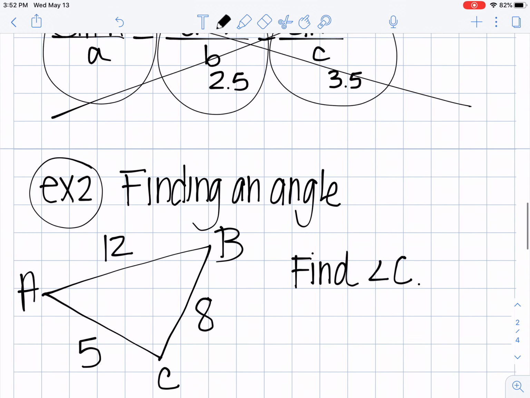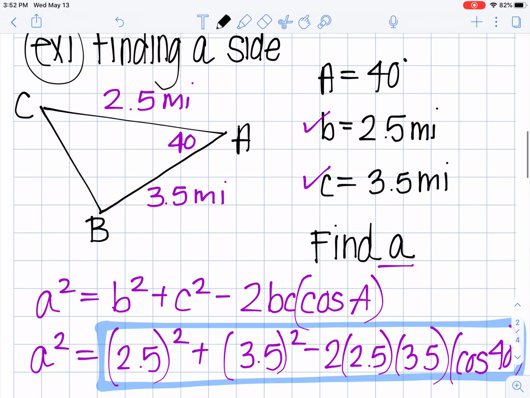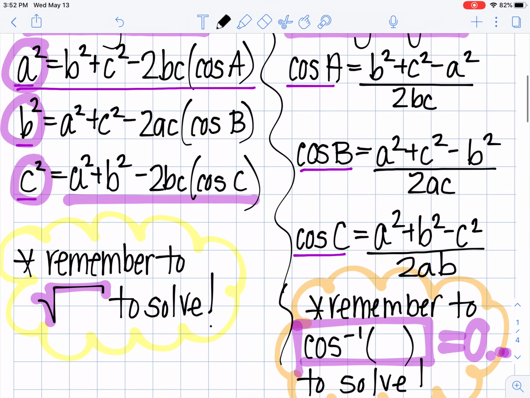Okay. Now we're going to talk about finding an angle. So here in this triangle, they gave us 3 sides, and I want to find angle C. I want to find this guy right here. So if I'm going to find angle C, I want to scroll up, and I'm going to use this last formula here, this blue one. Okay, so I'm going to rewrite it down.